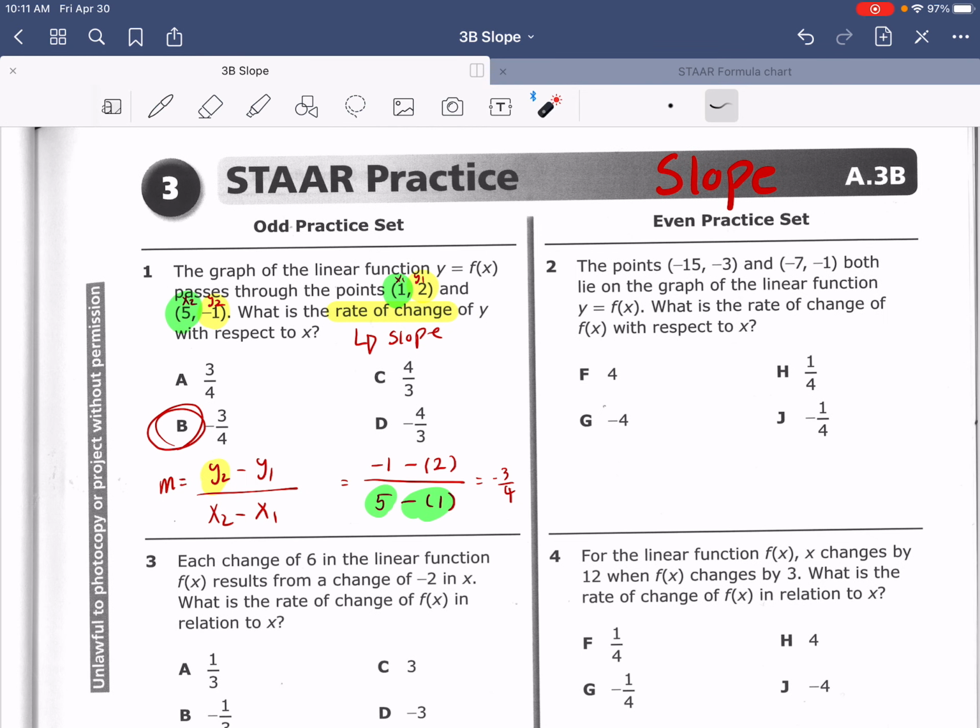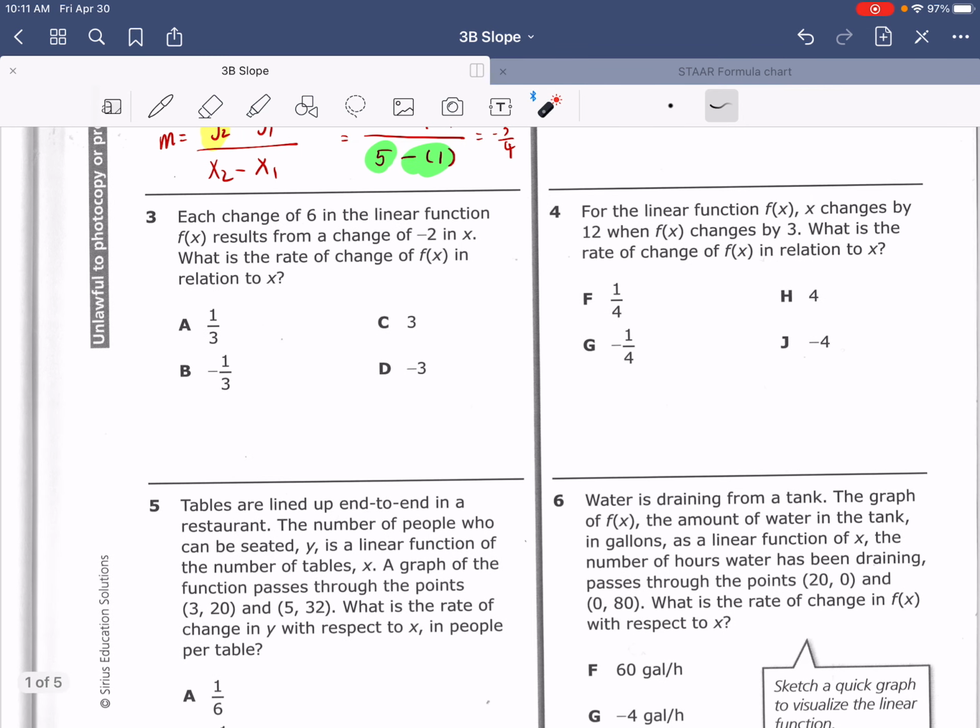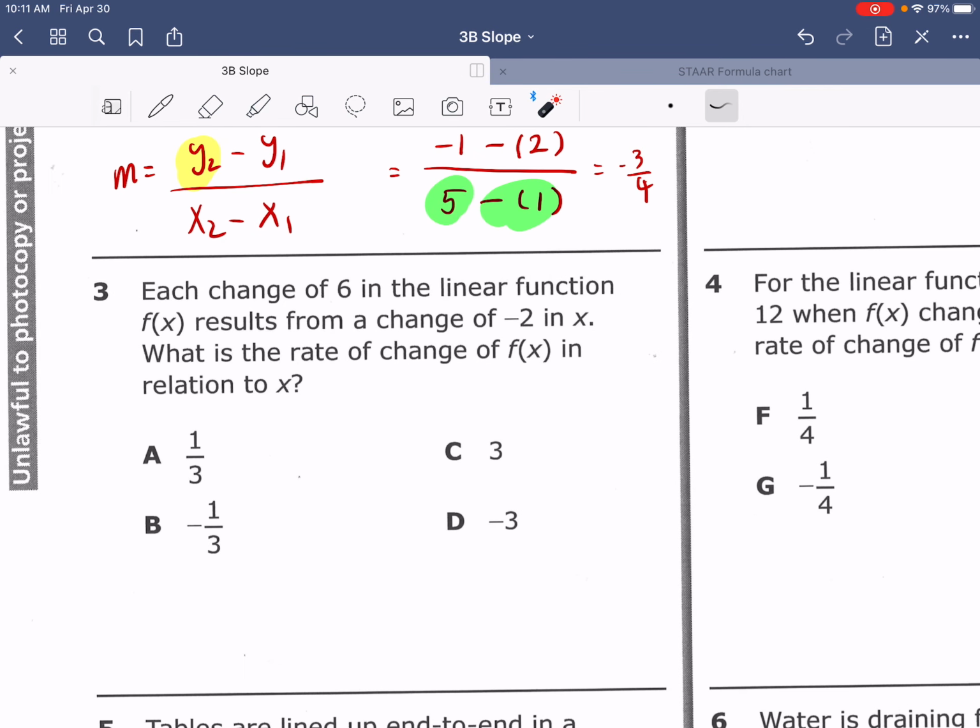So same thing here. Try this question by yourself. Okay. All right. Question number 3 here. It says each change of 6 in the linear function results in a change of -2 in x. Do you see y goes on the top and x goes in the bottom? Same thing here.